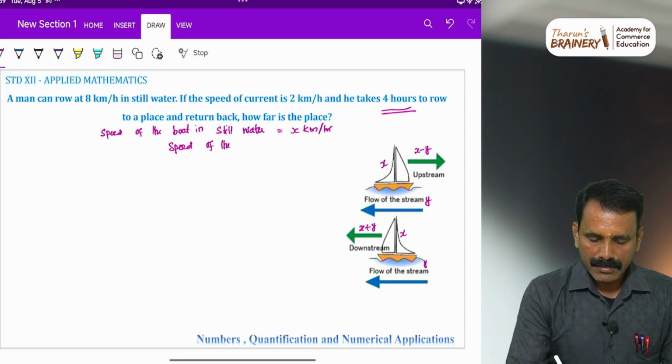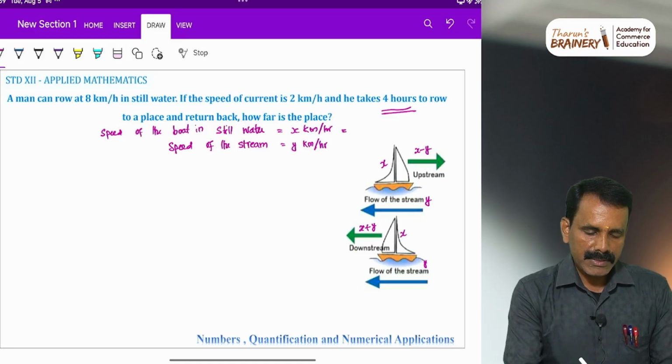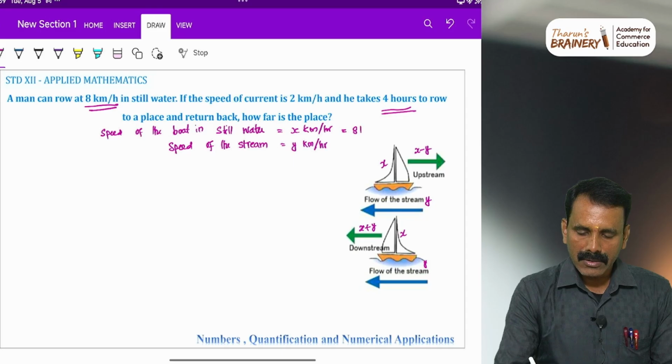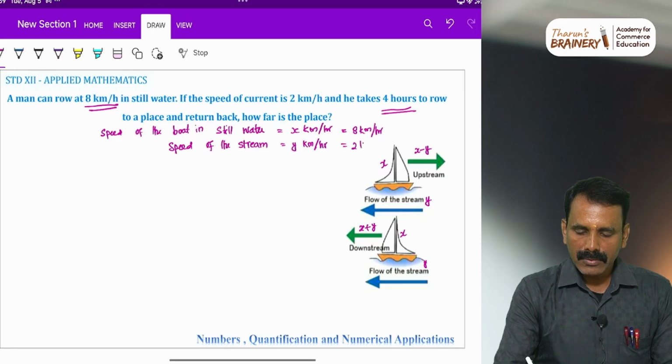Speed of the stream, y kilometer per hour. And x is given to us. Still water, the speed is going to be 8 kilometer per hour. And speed of the stream is 2 kilometer per hour.